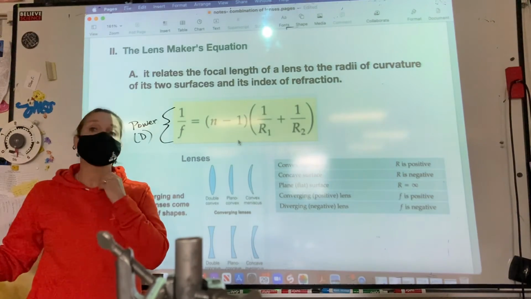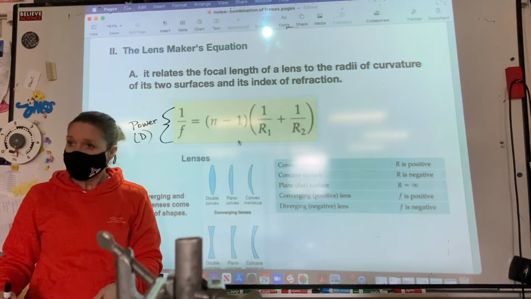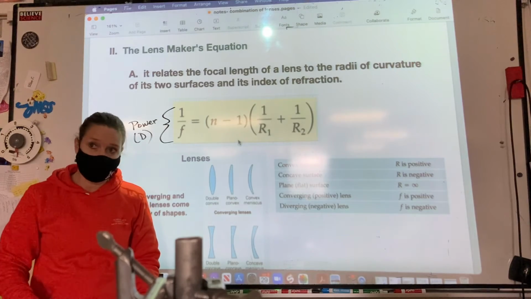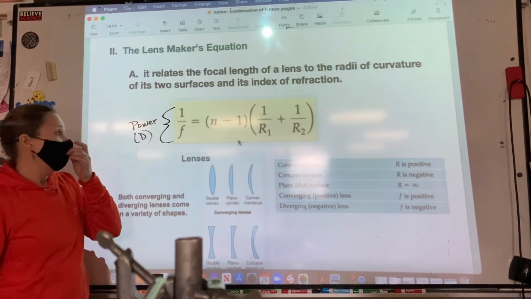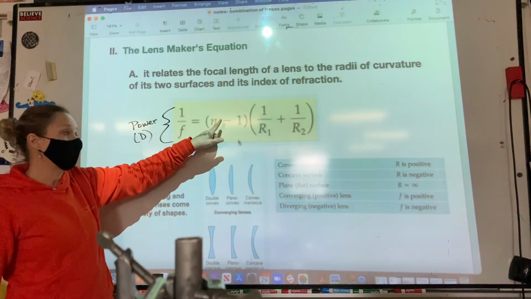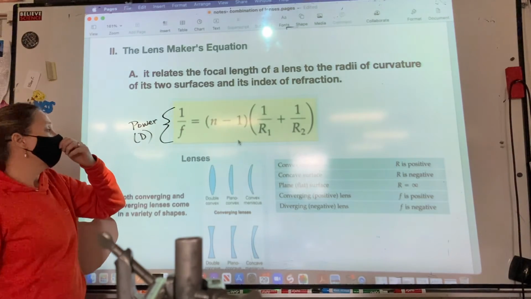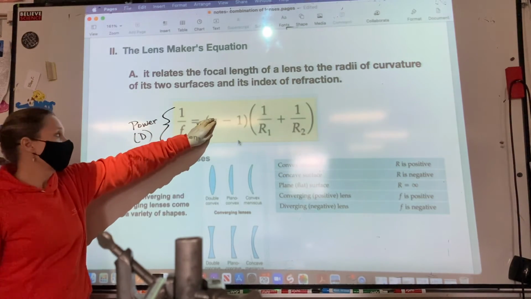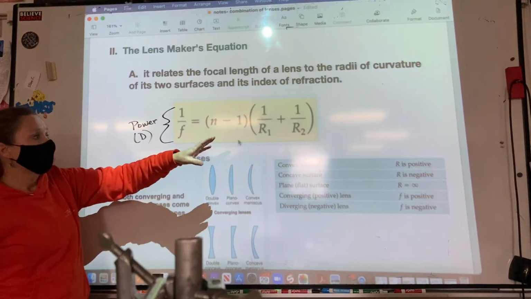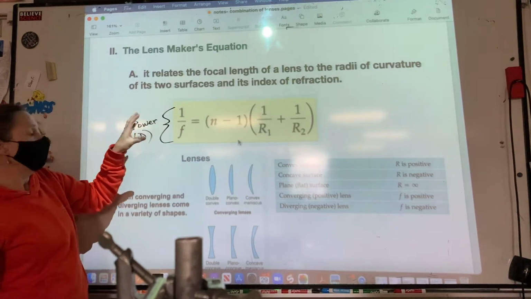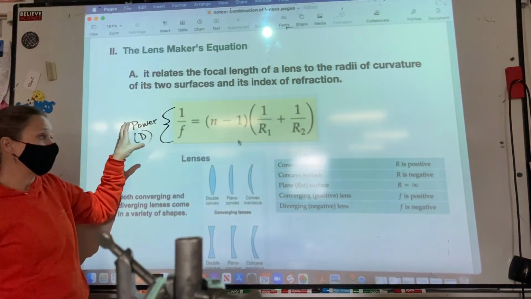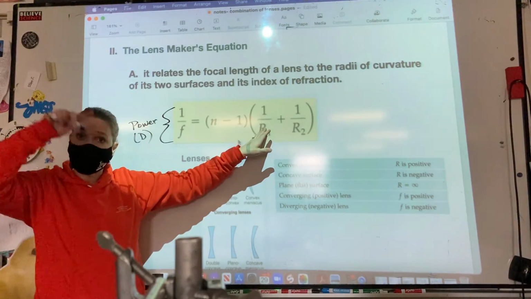So, you know, diamond was the highest number, and air was the lowest number. And so that's why this is air right here. It's comparing it to air here. And so the bigger this number, the higher power lens you can get for a given curve.